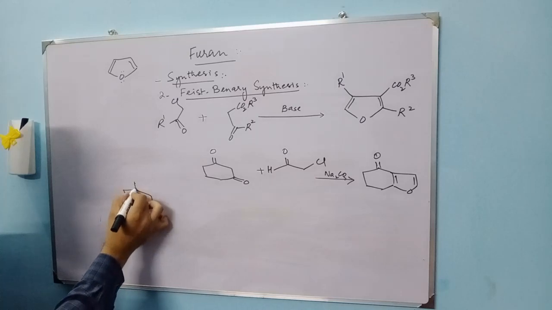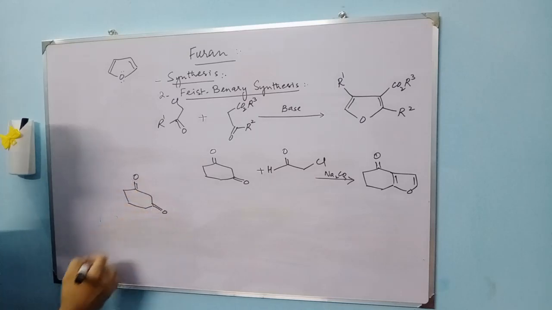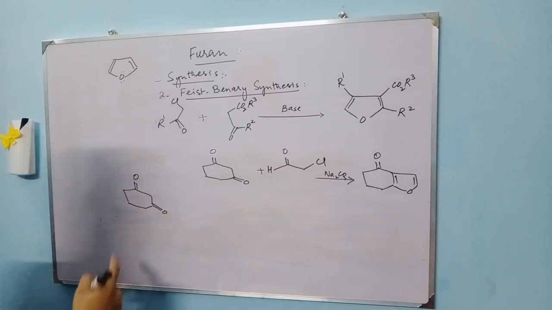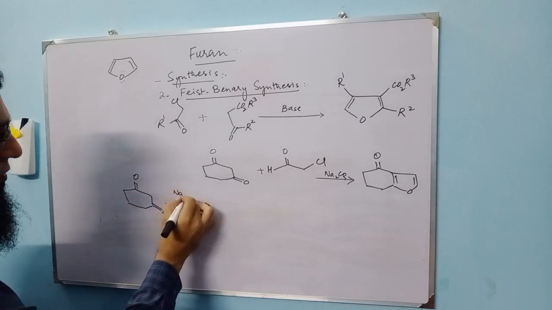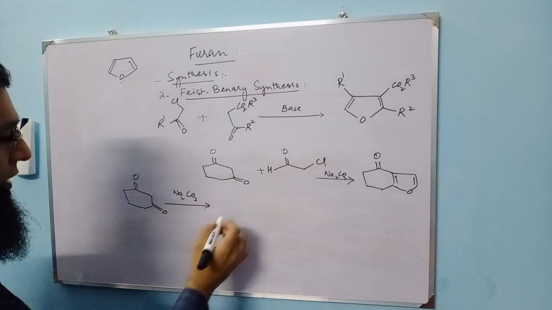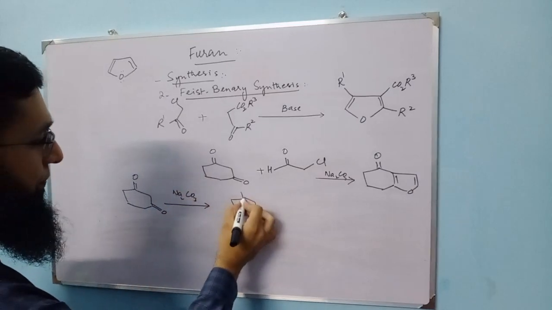Again, in the first step, we have this diketone which is treated with the base, for example sodium carbonate, and we get the enolate.